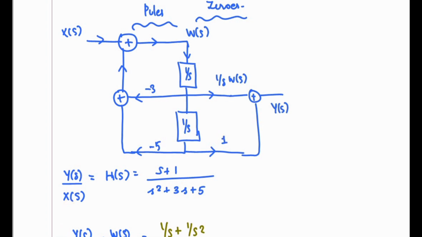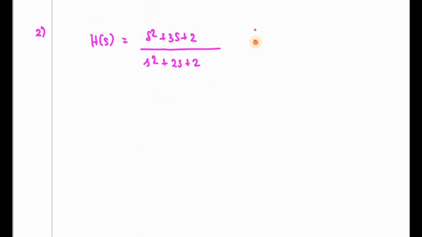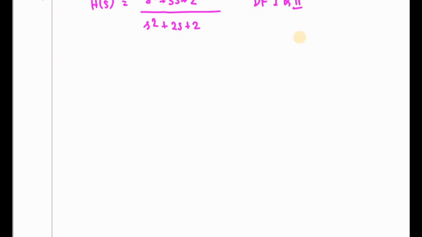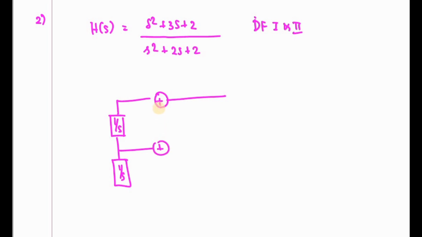So if the question is to realize this form using the direct form 1 and direct form 2 method, first what you have to do, for direct form 1 you have plus here, right? Plus here. So you have 1 by s square term, 1 by s and this is also 1 by s here. x of s.